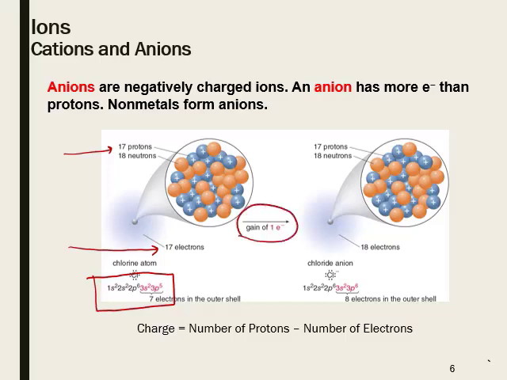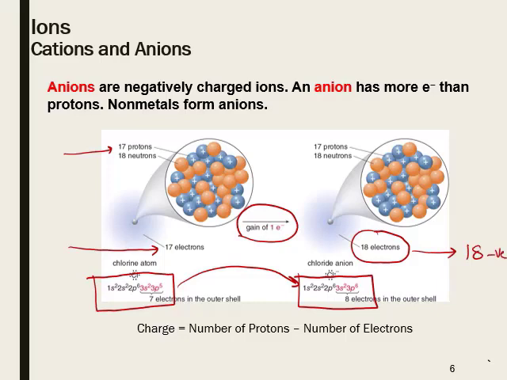So once chlorine gains the electron, let's look at its new electronic configuration. We can see that in the valence shell there are total 8 valence electrons, which gives it stability. Now, because chlorine has gained one electron, after gaining, total number of electrons are 18.